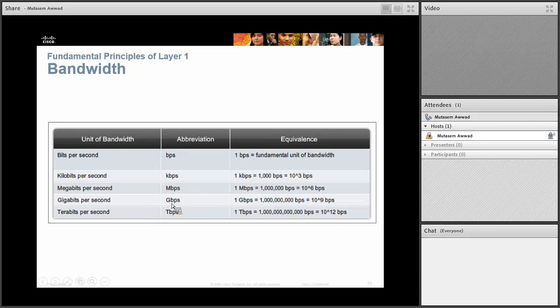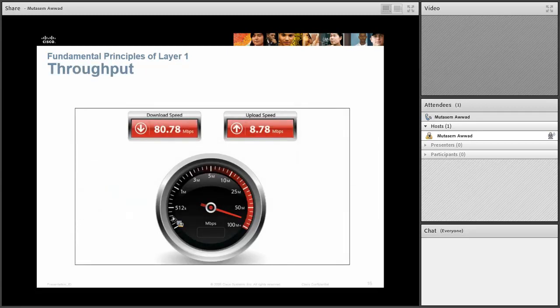Megabits means a million. Giga means a billion. And tera means trillion, right? So throughput means the actual speed. So that's the difference. So when somebody says I've got a bandwidth of 100 megabits per second, they're not necessarily going to be getting 100 megabits per second all the time.